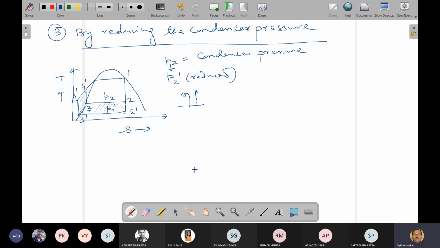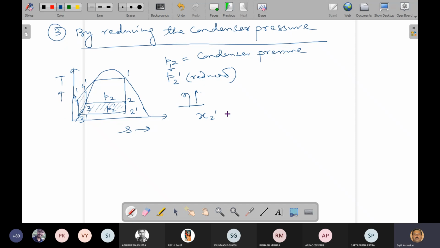One more point you should remember: is x2 dash greater than x2 or less than x2? X2 is more.